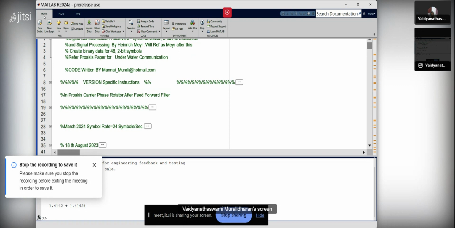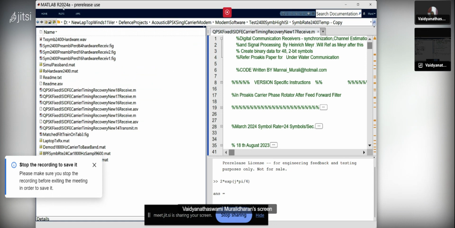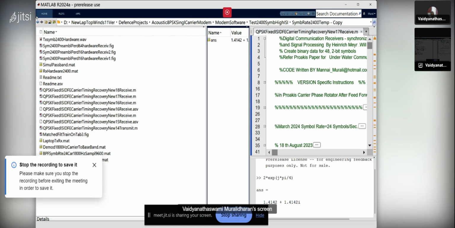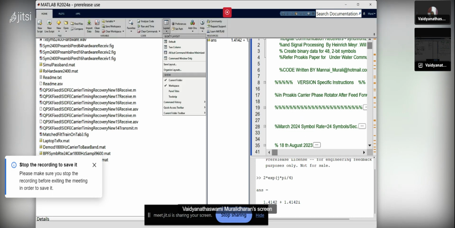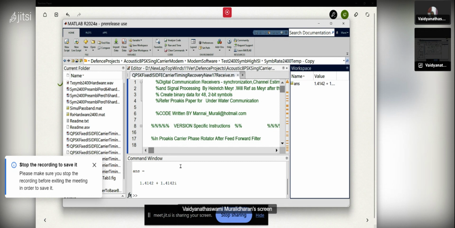Open MATLAB, we can select layout. So there are four windows.